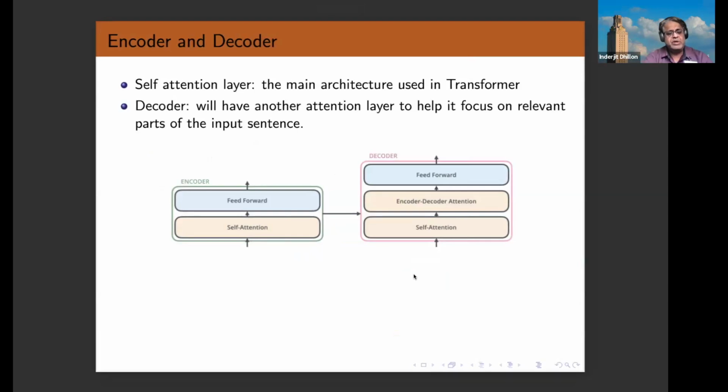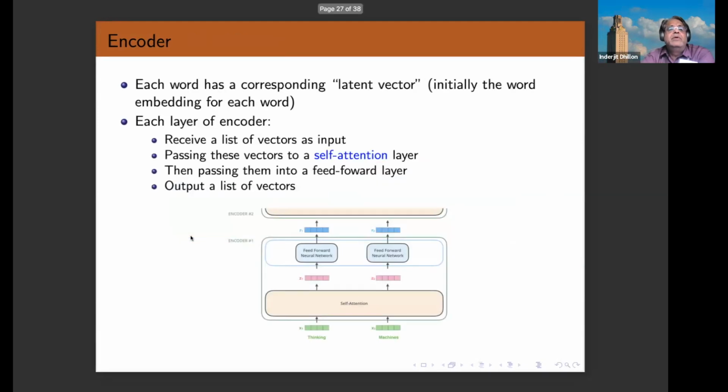Okay, so let's look at the encoder architecture just by itself. Each word will have a corresponding latent vector.